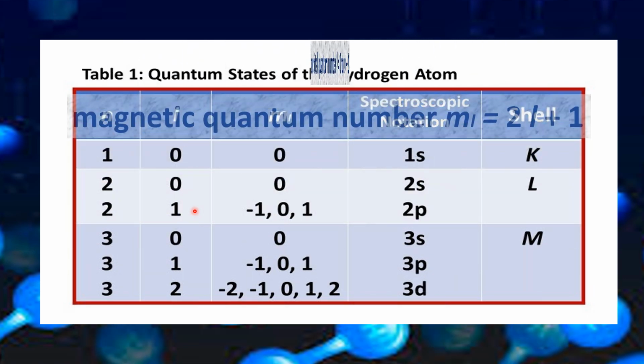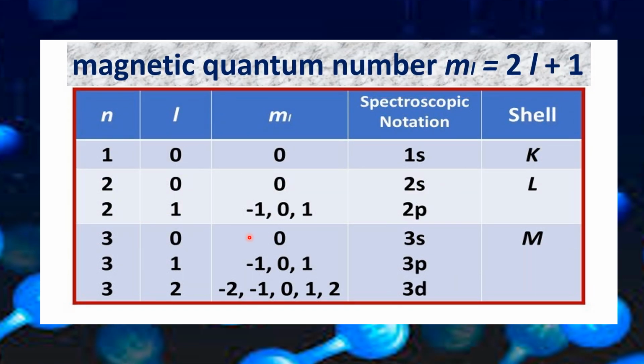In the case of the magnetic quantum number m sub l, also known in chemistry as the electron orbitals, we can get it using the formula: the number of m sub l values equals twice the orbital quantum number l plus 1.